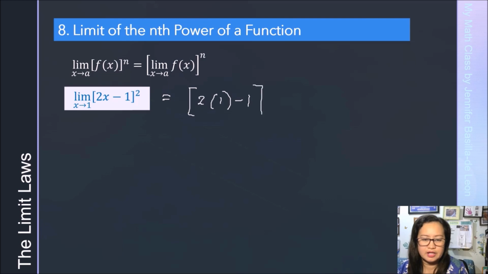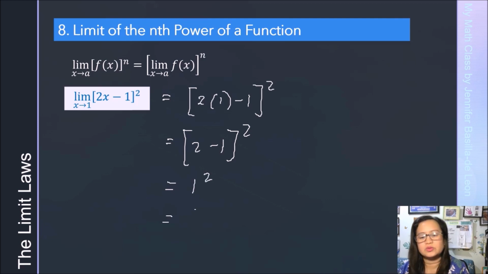And remember that it's raised to the second power. Then we will have 2 minus 1. 2 minus 1 is 1. Square that, we will have 1. Therefore, the limit of the square of 2x minus 1 as x approaches 1 is 1.